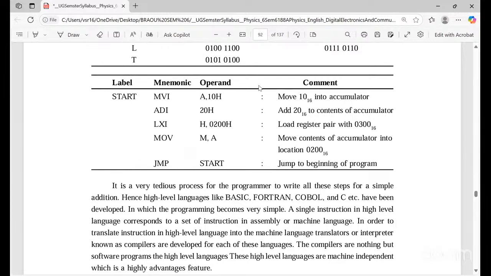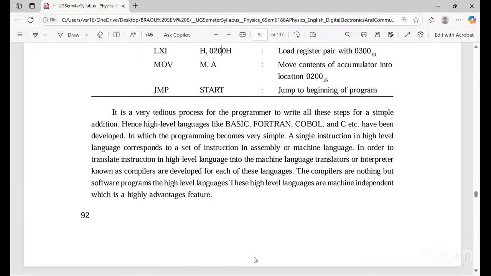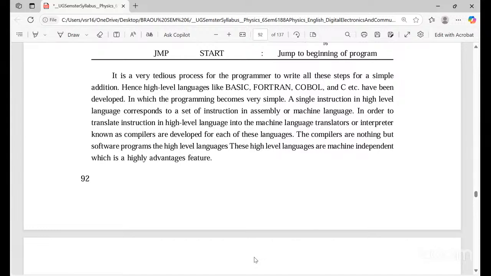That is the case. So in PG and in UG also, electronic students may find this, the 8085 architecture. Nowadays we are using Pentium 1 to 4. So it is a very tedious process for the programmer to write all these steps for a simple addition.